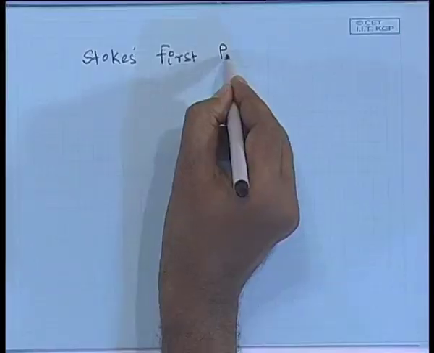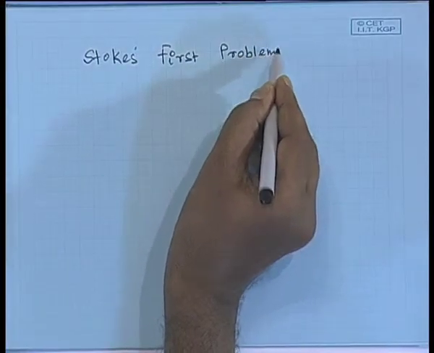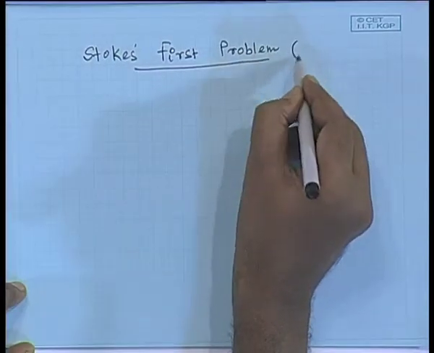So, I will give an example of a similarity solution of a partial differential equation occurring in fluid mechanics, known as Stokes' first problem. This is a transient problem.